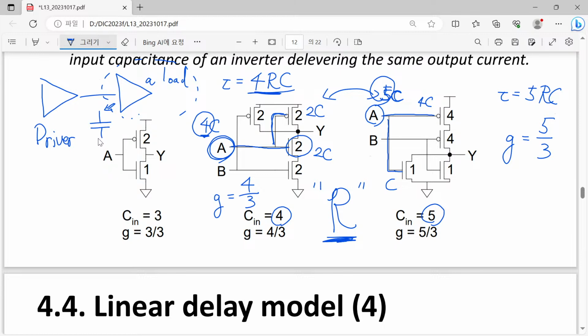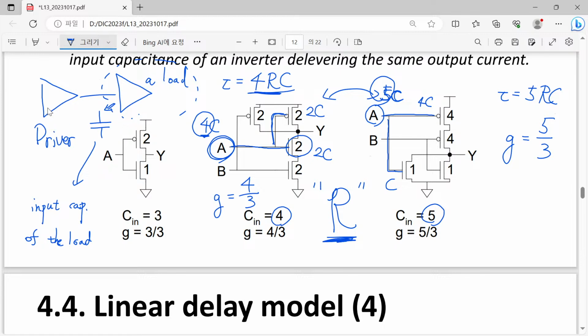And this capacitor corresponds to the input capacitance of the load. So this capacitor comes from this load.